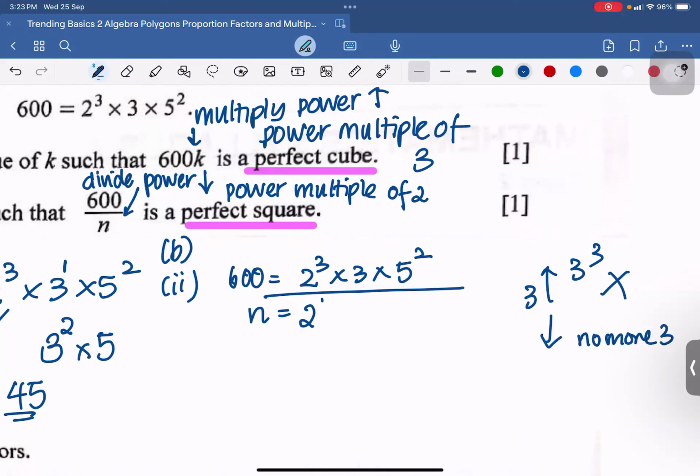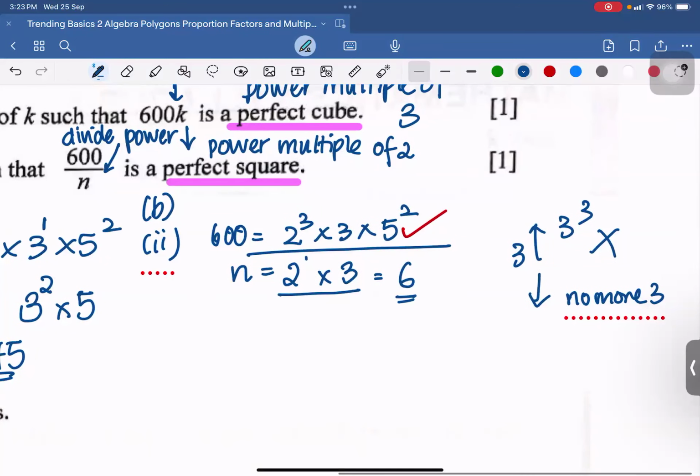Make it totally disappear. So what I do, I divide by 3 totally, so they can cancel off. Right? Then next one, 5 square, already a perfect square. So this one, no need to worry. So what is the number n? n is the number 6.